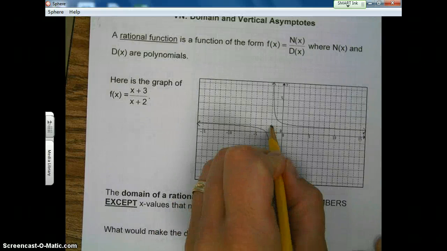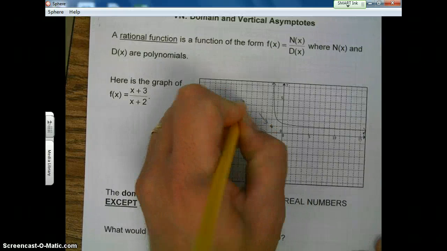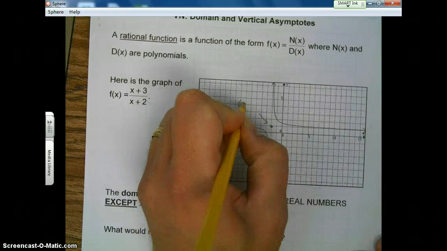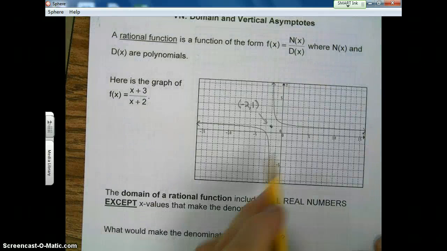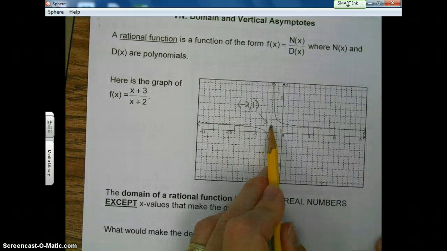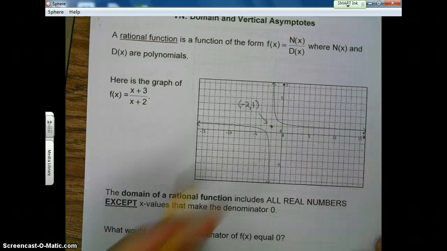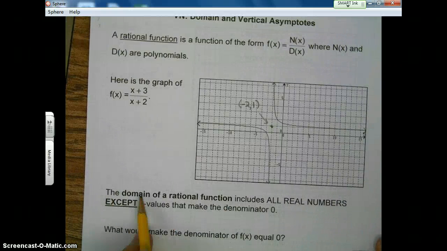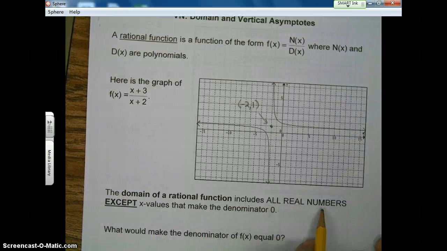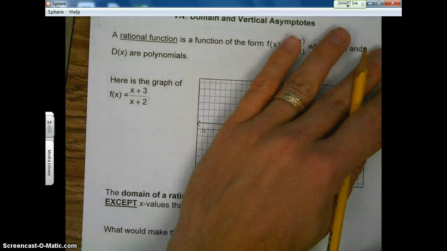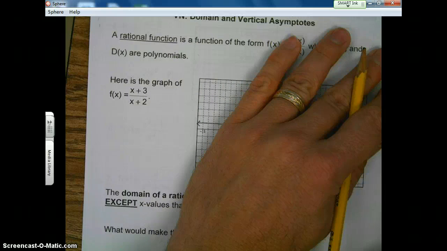We know that this point here is (-2, 1). So graphically, we know that the domain does not include -2. The domain of a rational function includes all real numbers except x values that make the denominator 0. Let's say you don't have a graph and you need to write the domain.